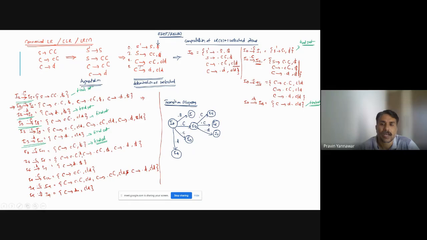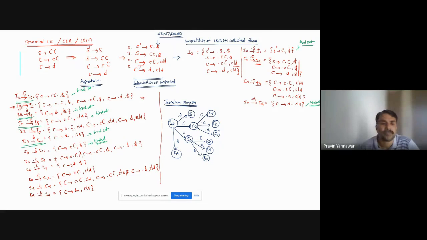Okay, see, this is capital C, this is small c, and this is small d. Now if you look at I3 with dot capital C, it will take me to I8. Okay, with small c, I3 will take me to I9. With dot D it will take me to I10.